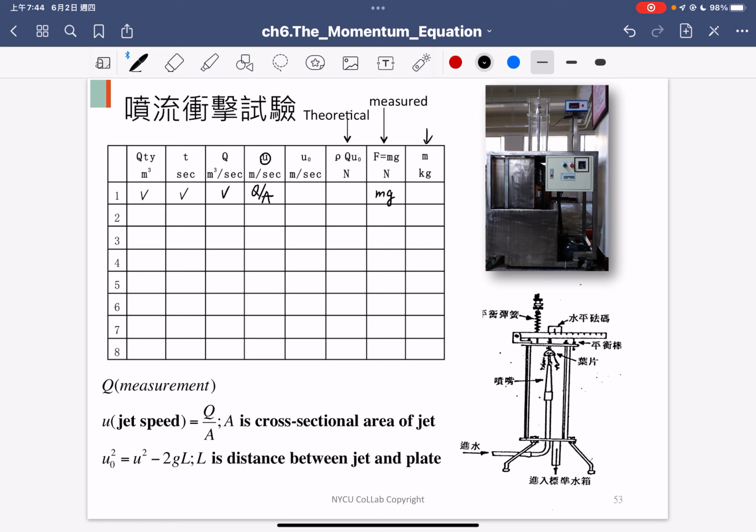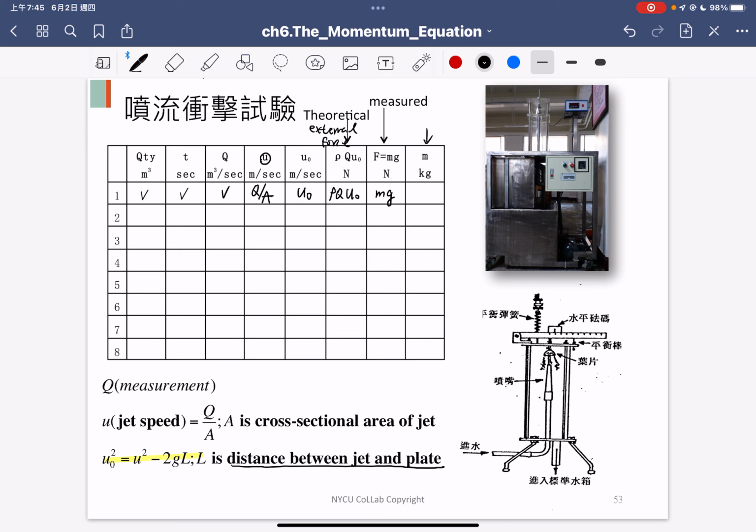And based on the Bernoulli equation shown here, we can predict the fluid jet velocity related to U0, and R is the distance between the jet and the plate. So we can predict U0, and then we can compute the momentum change by rho Q U0, and then this is related to the external force. So we have the external force magnitude.